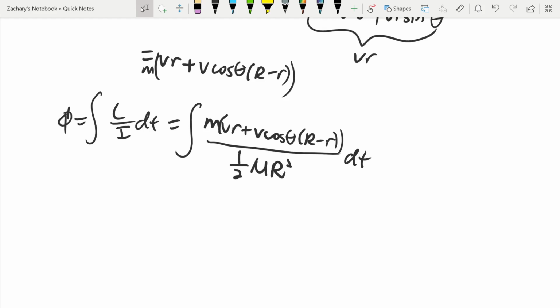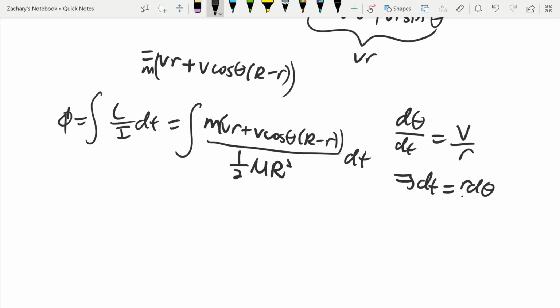This has an easy fix. We can write that d theta over dt is equal to v over r, because d theta over dt is just omega, which is v over r. So dt is equal to r d theta over v. Now we can plug that into this expression for the integral.